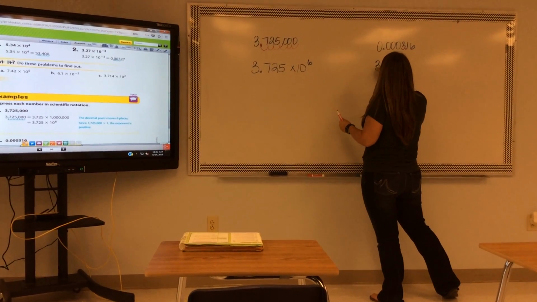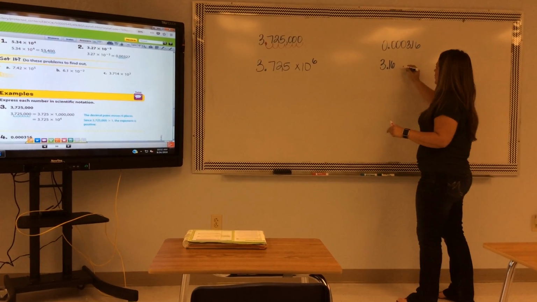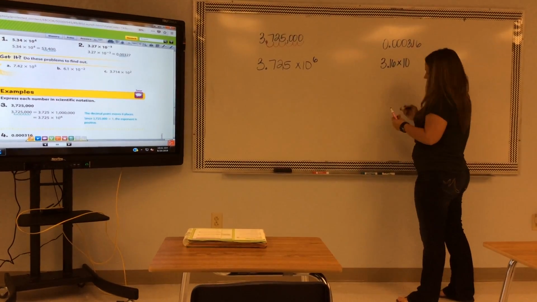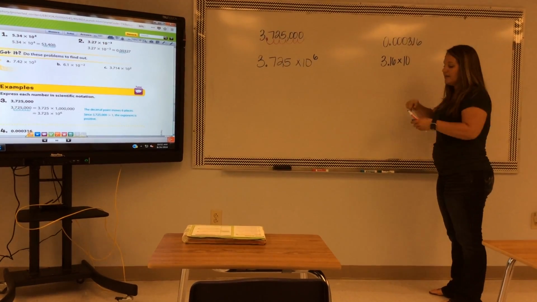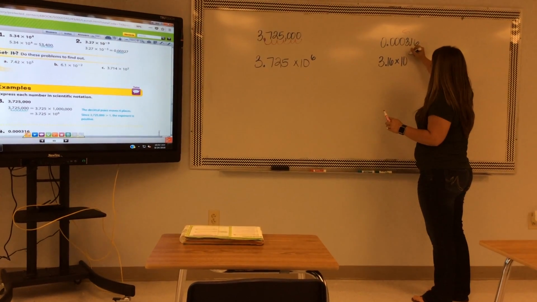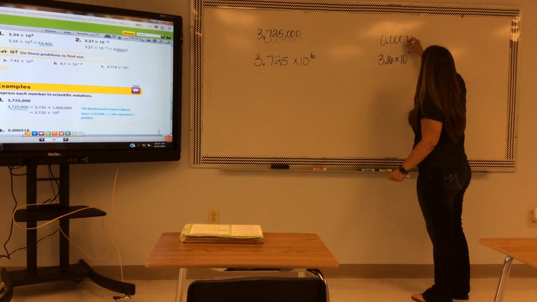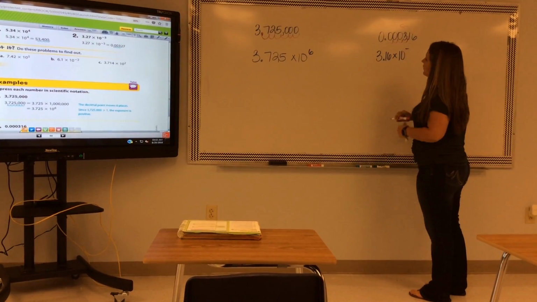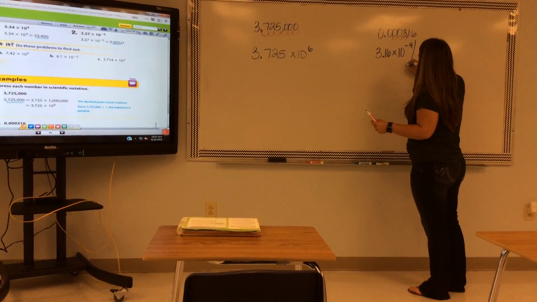My first factor will be 3.16. In scientific notation, I always multiply by 10. Well, now for me to get this new decimal back where it belongs, I have to move it to the left, which means my exponent is going to be negative. And it's going to move back 1, 2, 3, 4 times to get back where it belongs. So my exponent is a negative 4.